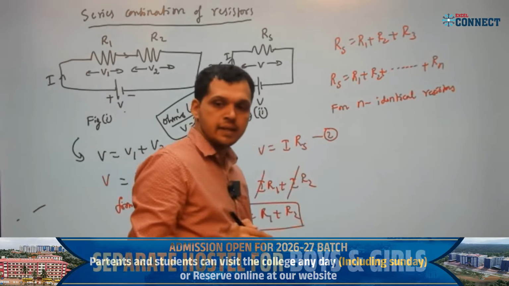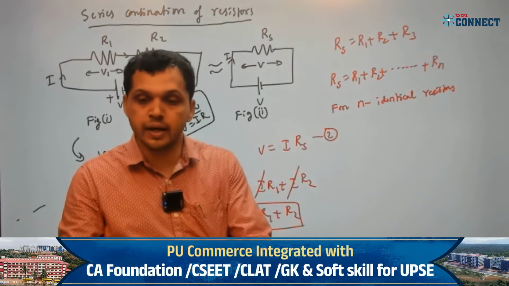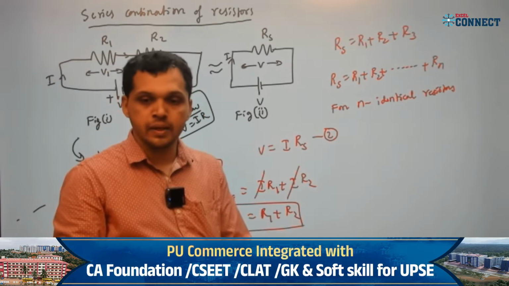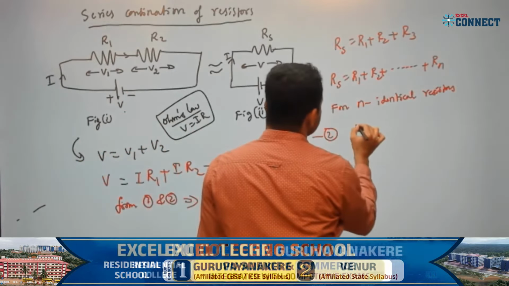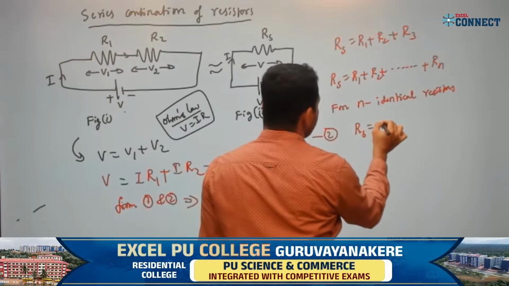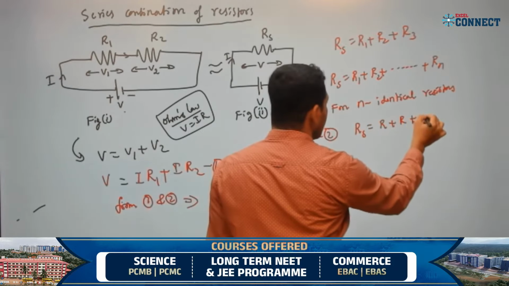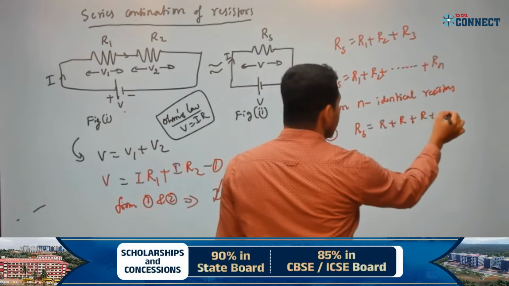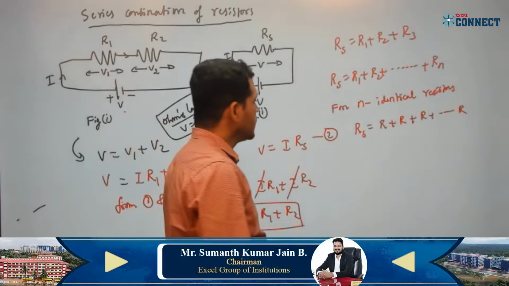For n identical resistors, R1 is equal to R2, R2 is equal to R3, R3 is equal to R4, all n values the same, right? I can write Rs is equal to R plus R plus R plus etc. up to Rn, which is also R. Then how to write this?